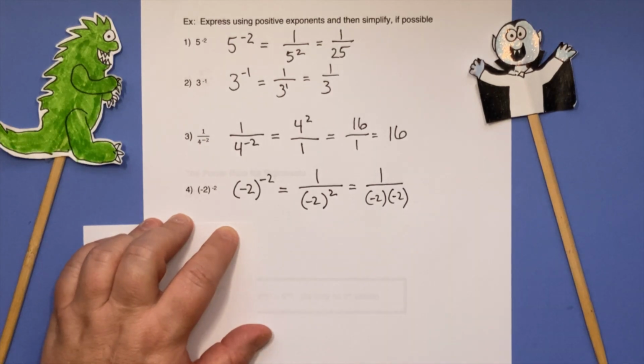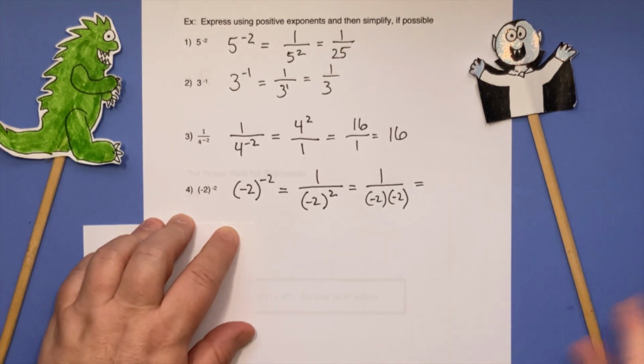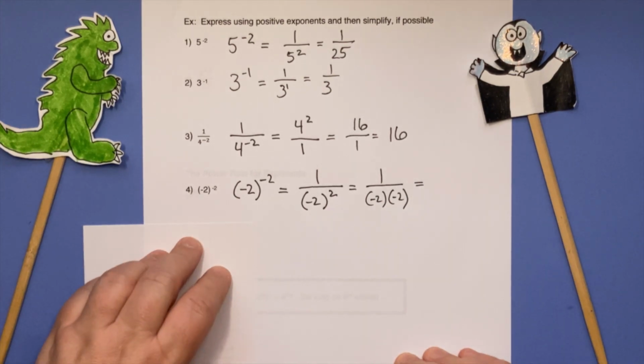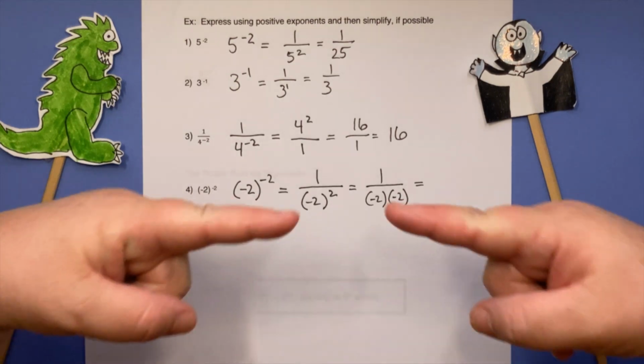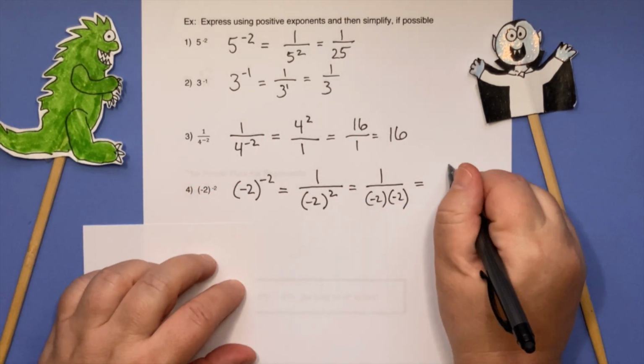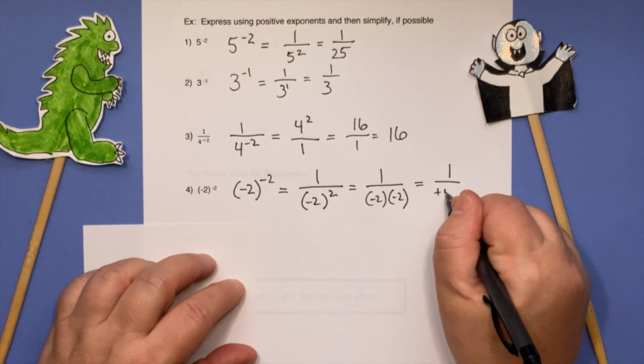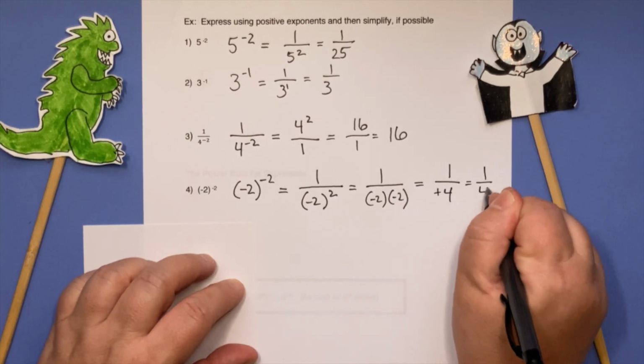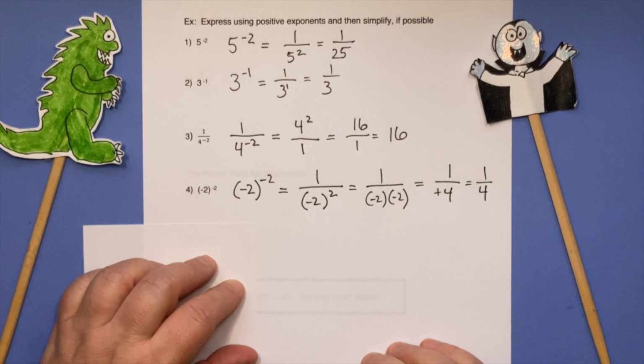And because there's a minus involved, I am going to write it out this way. I don't trust myself otherwise. And I think to myself, I don't have my Bat Brothers here, but I can use it with my hands. 2 minuses make a plus. So there we go. We get 1/4.